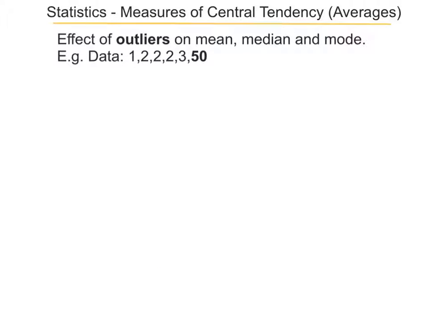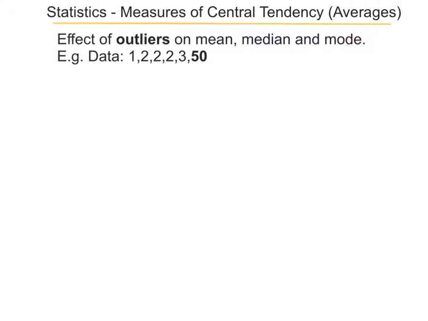Nowhere is this change more evident than when we look at the effect of an outlier. So let's look at the same set of data, remembering of course that originally the mean, median and the mode were all 2. And if you look at this new set of data with an extra 50, which is a very big outlier, way different than the other numbers, let's have a look at the effect on the mean, median and the mode.